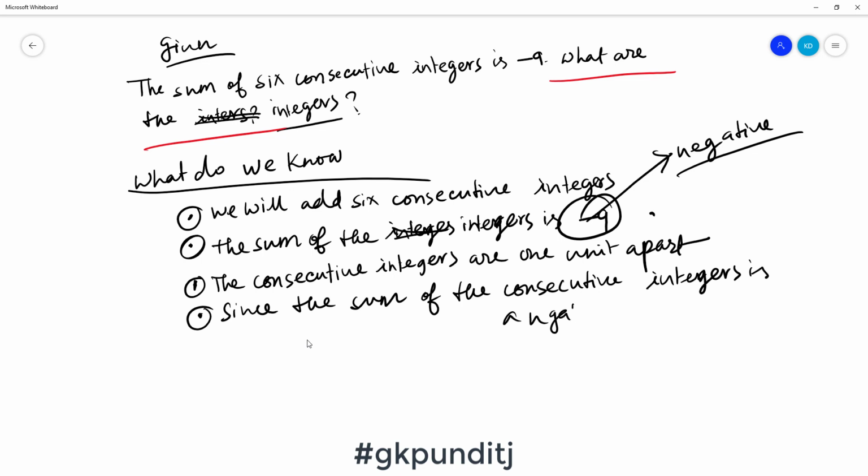This is given. The sequence of integers will involve negative integers. So represent the six consecutive integers.